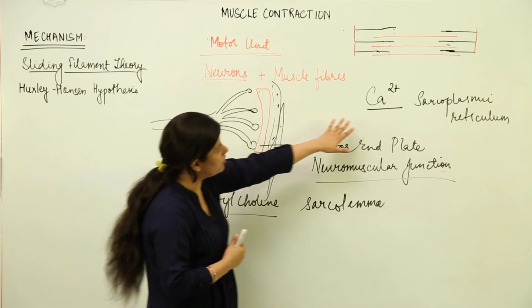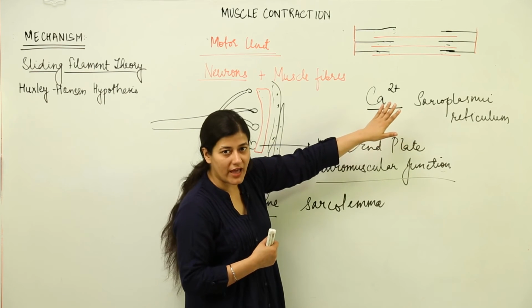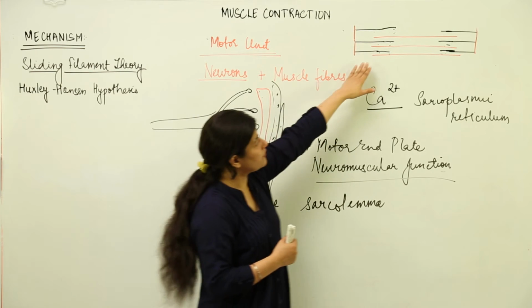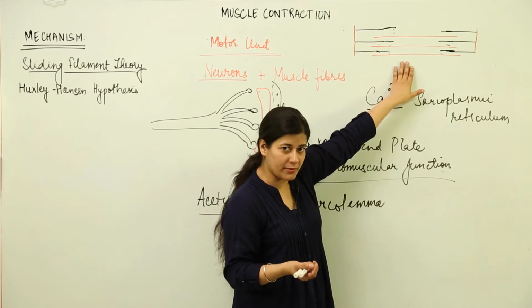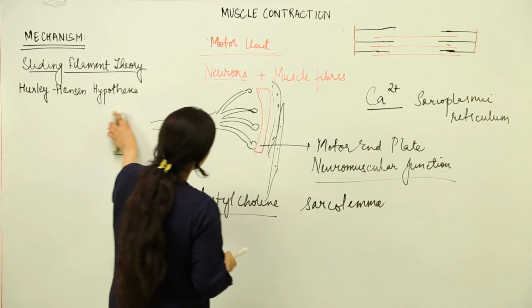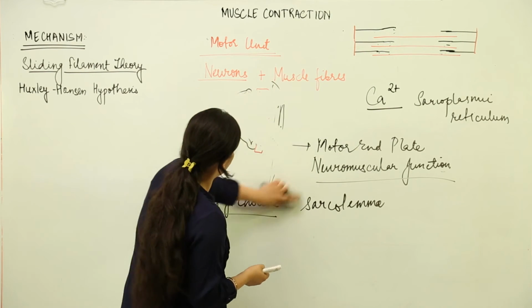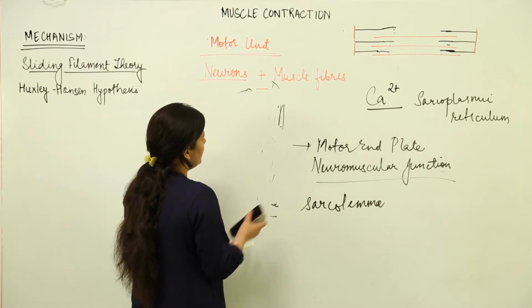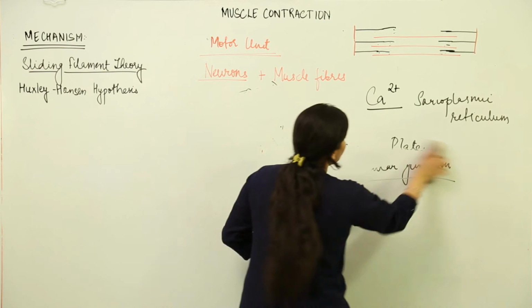So once this phenomenon has taken place, that the release of calcium ions has taken place, now these two bands have come into action and they would undergo contraction. Now how do they undergo contraction? For that you need to recall the structure of actin and myosin, which I have repeated again just now.